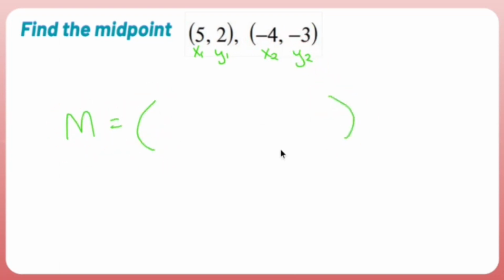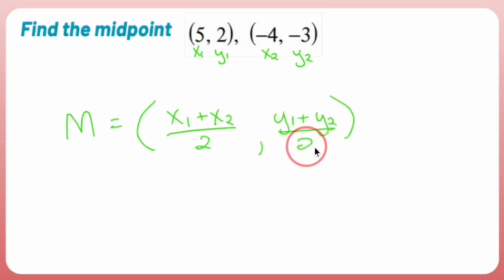It's a big point, and the x value is going to be x sub 1 plus x sub 2 all over 2. And if you're thinking, that's like the average, it is like the average. Average means middle. Okay. Y sub 1 plus y sub 2 all over 2 gives me the midpoint for the y value. Now it's just a matter of plugging stuff in and doing a little bit of math.